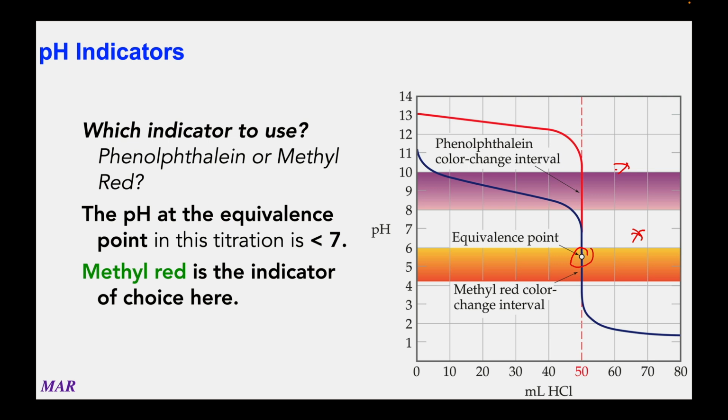Phenolphthalein up until about 8 is a colorless solution, and past 8 it would begin to get kind of a red-pink color. But before 8 it would just look colorless, and that wouldn't be very helpful for our equation right here because we want the equivalence point to reflect itself in the indicator color change. So definitely methyl red would be the better choice here.